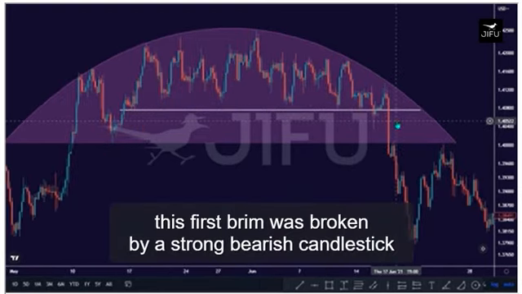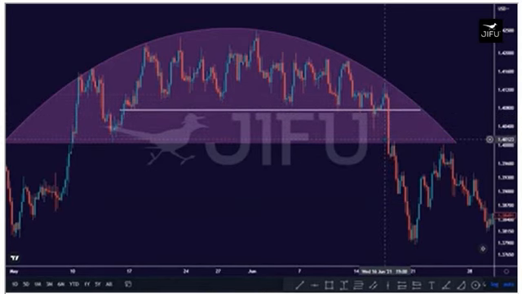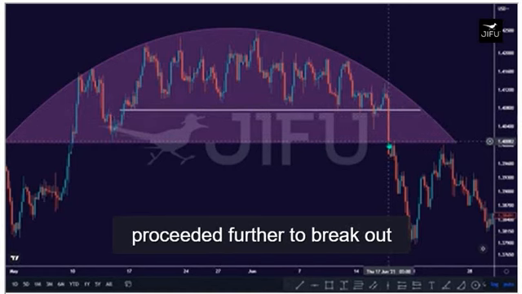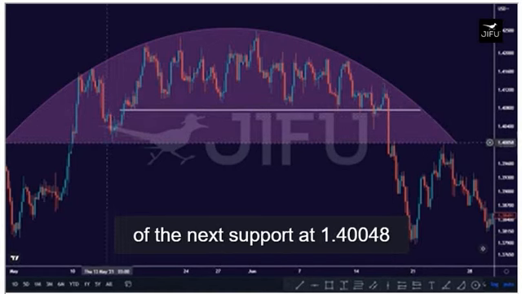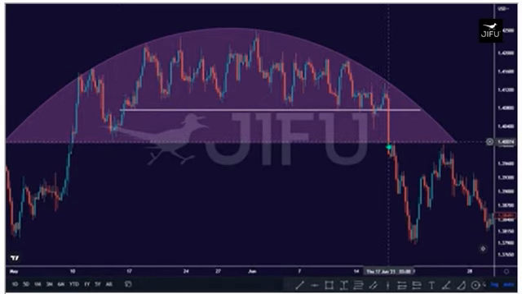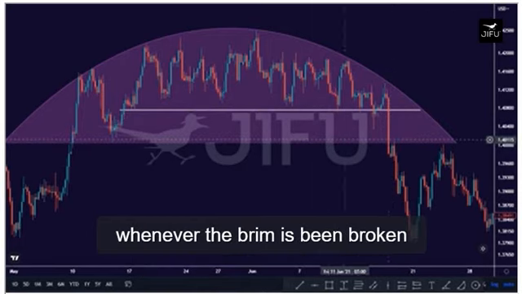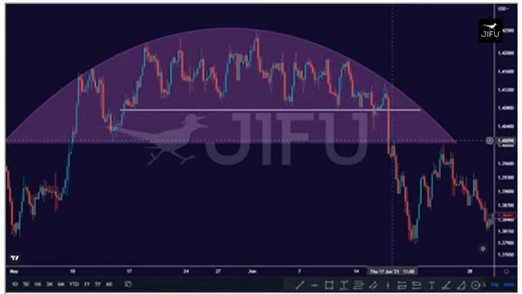This first brim was broken by a strong bearish candlestick. This strong bearish candlestick proceeded further to break out of the next support at 1.40048. This chart pattern does not usually come with a retest of the brim whenever the brim has been broken.